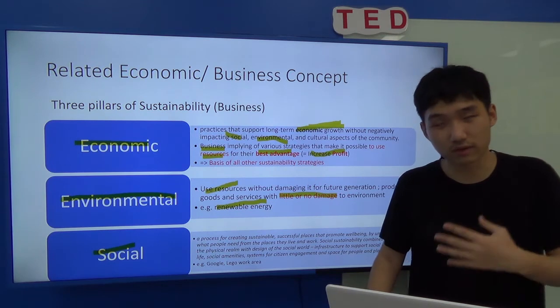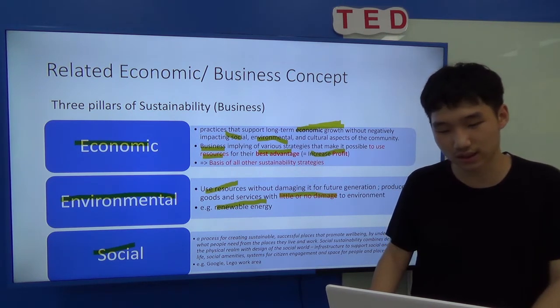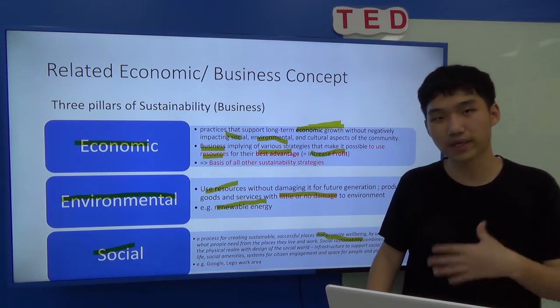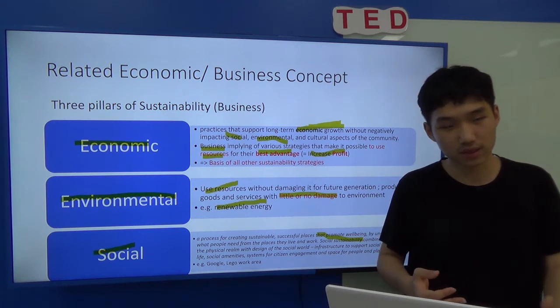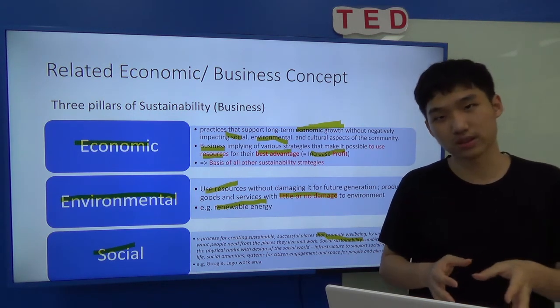But for me, I think the most important part is the process of creating sustainable, successful places that promote well-being by understanding what people need from the places that they live and work. So basically, social sustainability is mostly about employees.